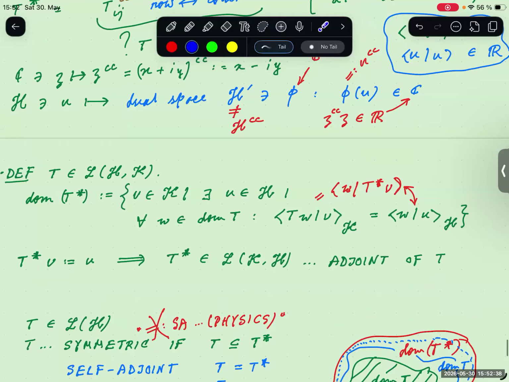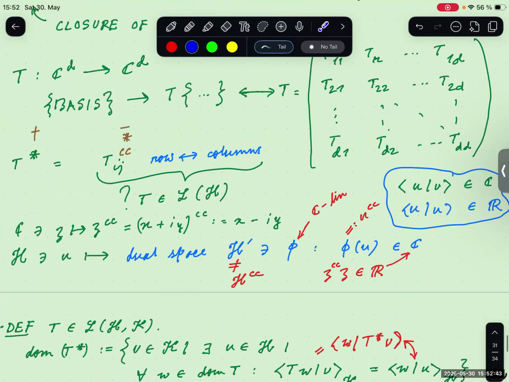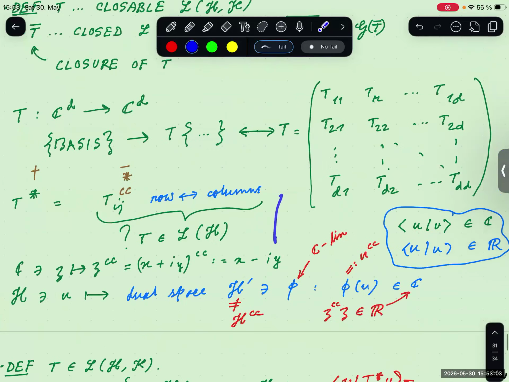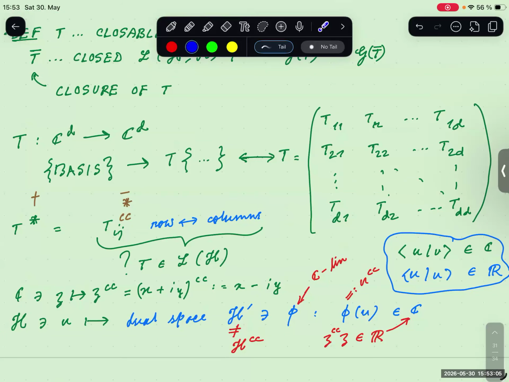Okay, so we want to define the adjoint. And how do we define the adjoint? So again, let's go to our friend in linear algebra. The mental image we have is that we change rows to columns and we do complex conjugation. We have discussed complex conjugation, which is done by the inner product. And now this rows to columns means that before it was acting on some row and now it is acting on some column, right?